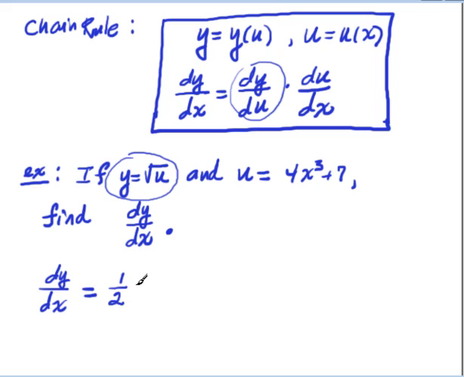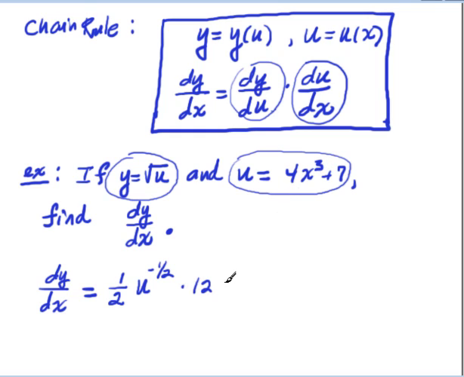So you bring down the 1/2, and we have u to the 1/2 minus 1, to the minus 1/2. So that's dy/du. And now we're going to multiply by du/dx. So here's u as a function of x. Du/dx is, just do the power rule here, 3 times 4, so we have 12x, subtract 1 from the exponent, 12x squared.